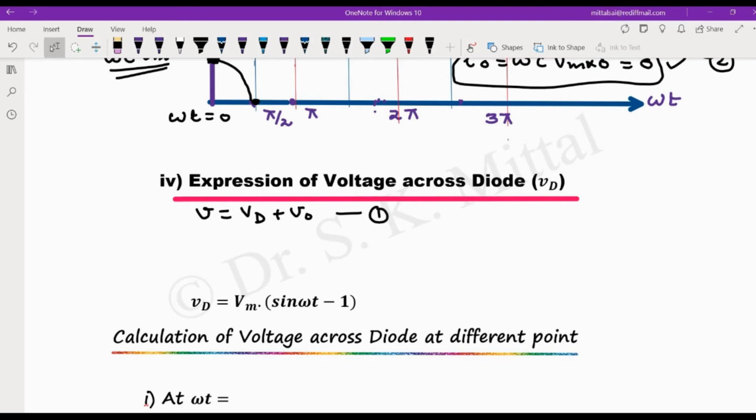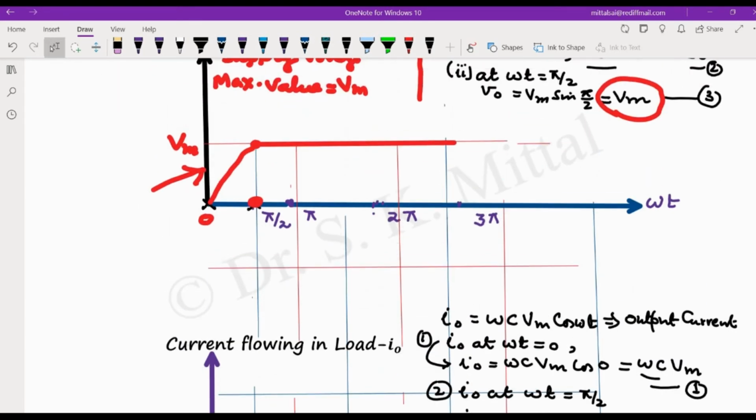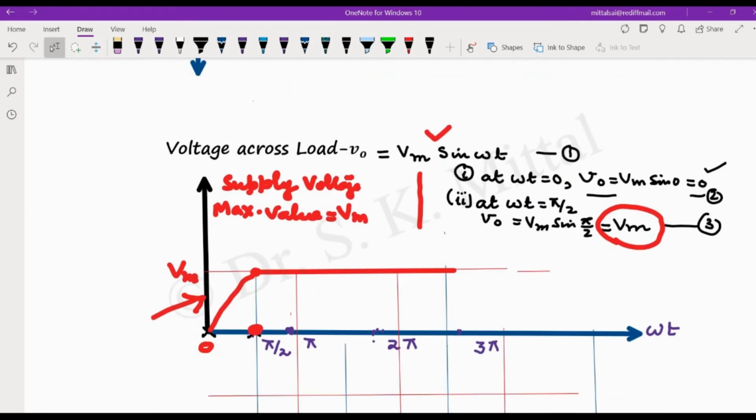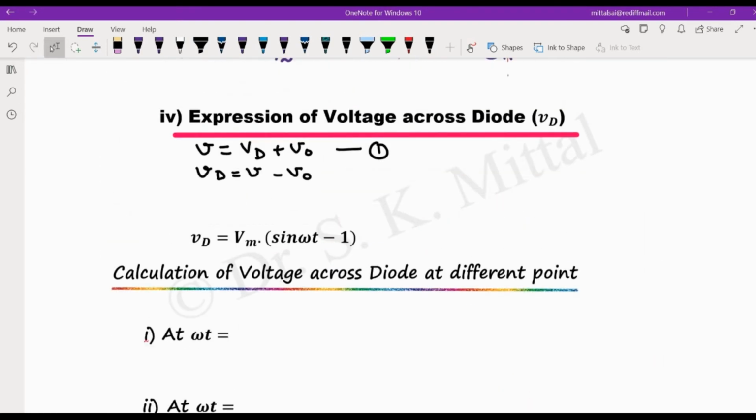Now if you want to calculate Vd, then Vd is equal to V minus V0. But what is happening at omega t is equal to pi by 2? The value of output voltage is Vm at omega t is equal to pi by 2.